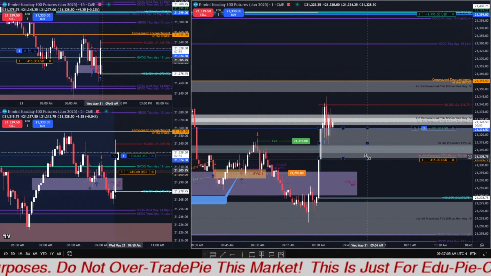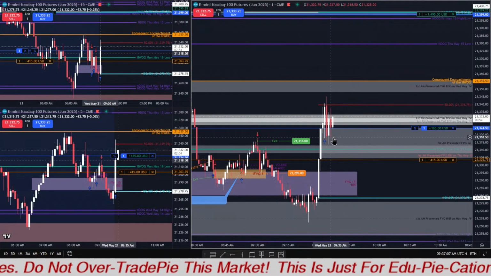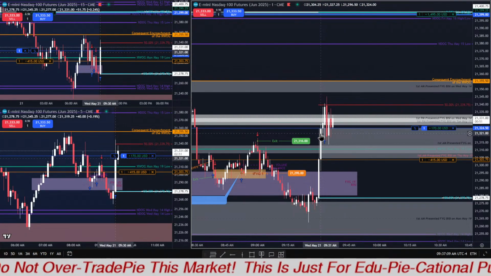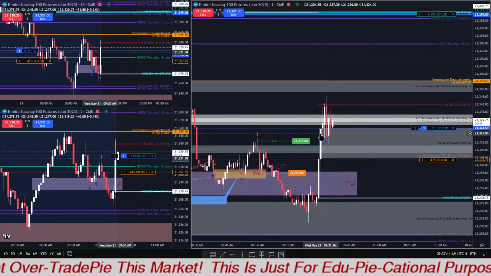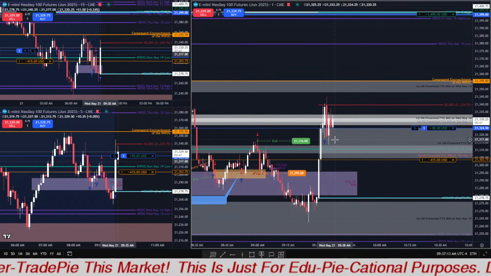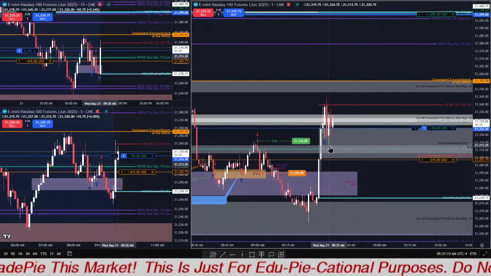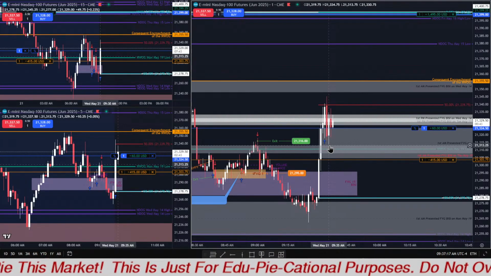Note that all the bodies and candles over here are respecting the upper portion of this first presented fair value gap, and only one wick traded through the consequent encouragement.